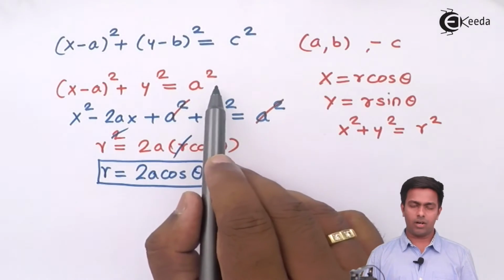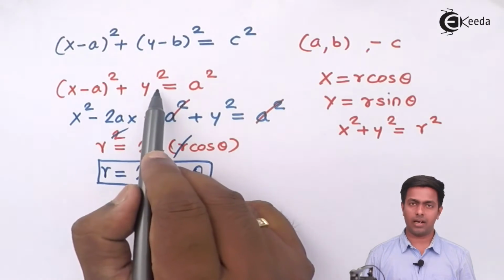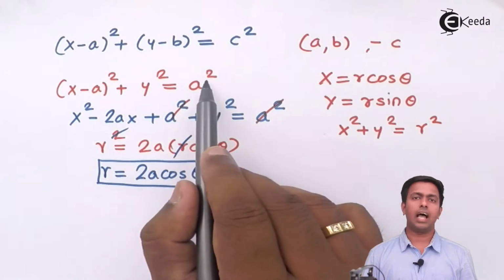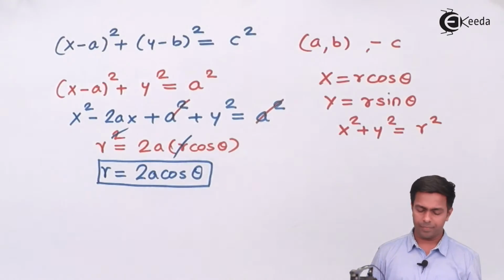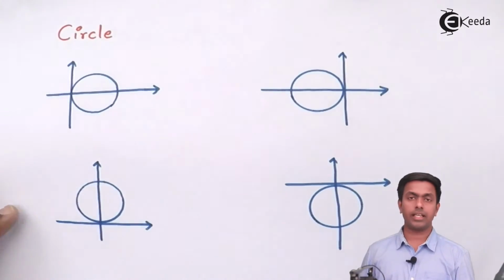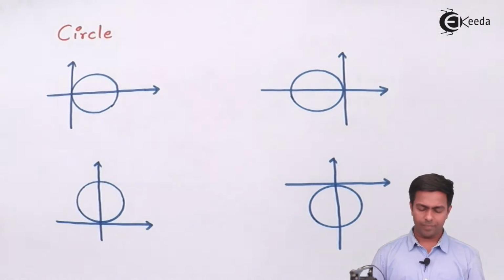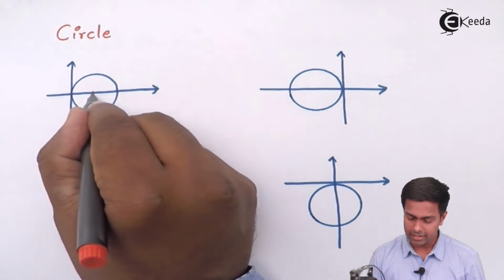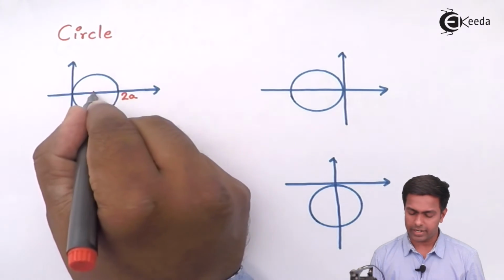It means any circle which has radius a and the center at (a, 0) will have this equation. So here, if the center is at (a, 0) and the radius is a, the correct circle to show that is the first one. Here you can say that this center is at a, this is 2a, so by doing that we get radius equal to a.